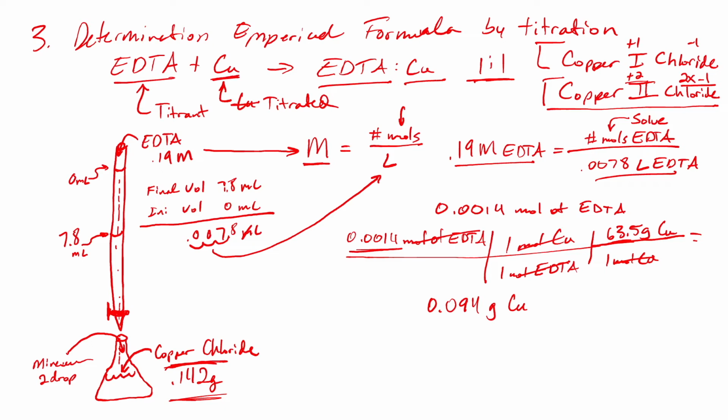Well, that's cool, because now I can figure out how much chloride is in the solution that we started with. All I have to do is subtract this number from the copper chloride that we started with.